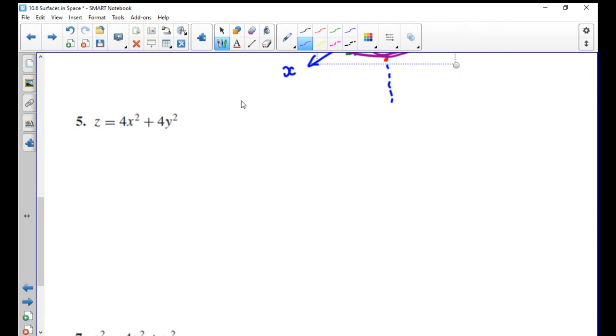So here, at every value of z, if you take z equal 4, for example, what will be the shape you get? The equation becomes 4x squared plus 4y squared equals 4, which means x squared plus y squared equals 1, which is a circle.